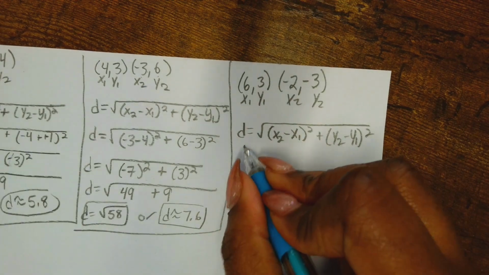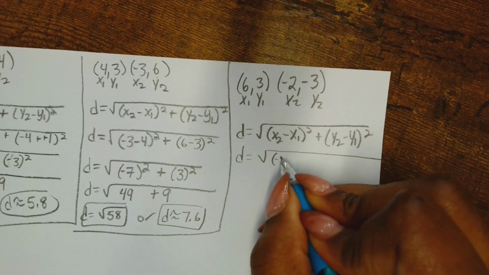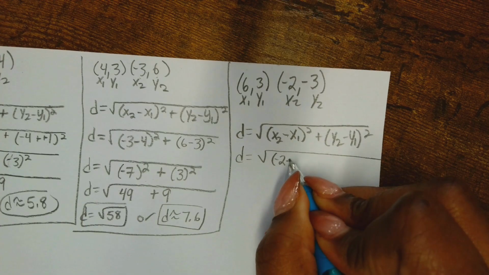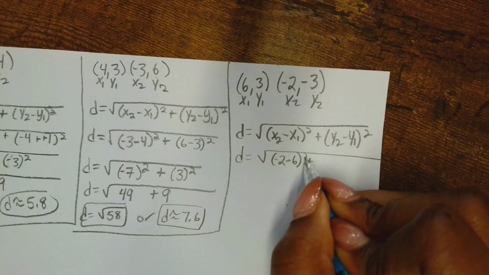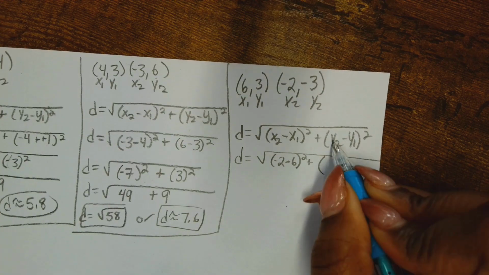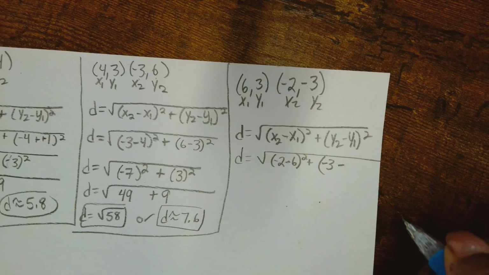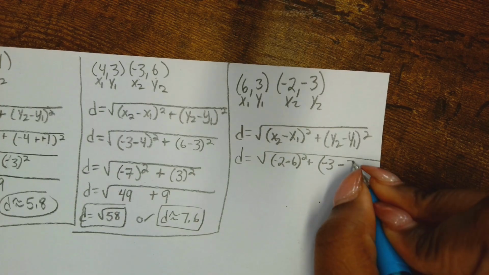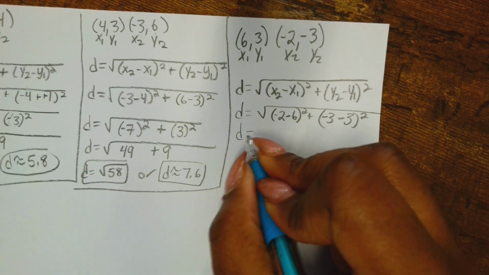So in the parentheses, we should have -2 minus 6. Bring down the plus. Don't forget the square. Y2, -3 minus 3. Square it. Okay. In the parentheses, what did you get?